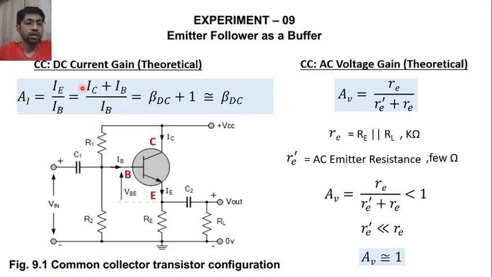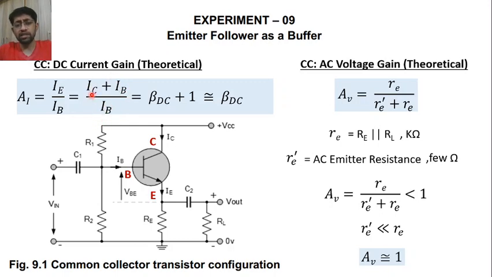So IE upon IB is the DC current gain. We know that IE is IC plus IB. If you simplify this equation, this becomes IC upon IB plus IB upon IB. We know that IC by IB is the beta DC, and IB by IB becomes 1.